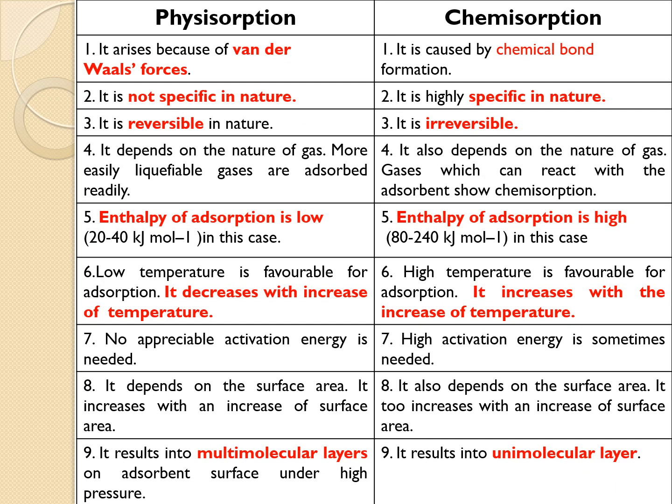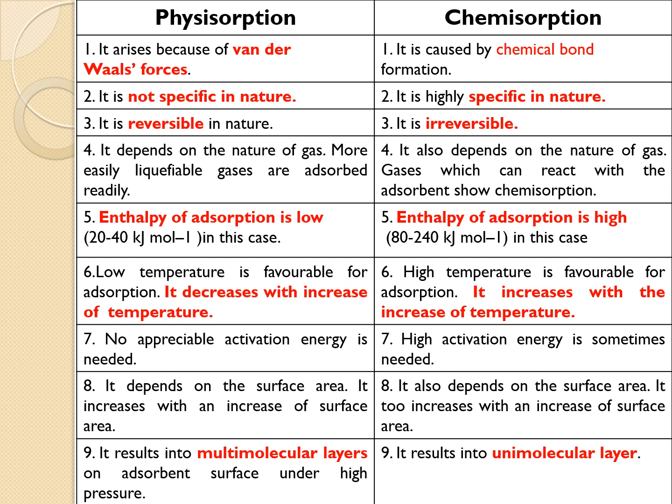Now, we need to learn about differences between physisorption and chemisorption. This is one of the very important topics on which often a question is asked: write 2 points or 3 points of difference between physisorption and chemisorption. Let's see one by one.